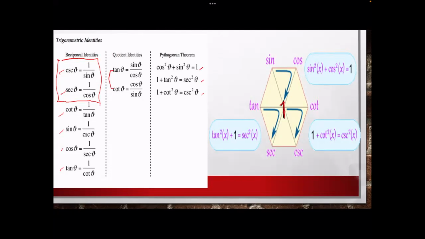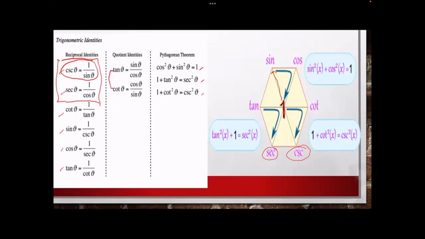Nakalagay dito, we have the cosecant theta is equal to 1 over sine theta. Ito yung cosecant, is equal to 1 over sine. Pag pataas siya, the next is the secant. Ito yung secant, so this is 1 over the cosine.